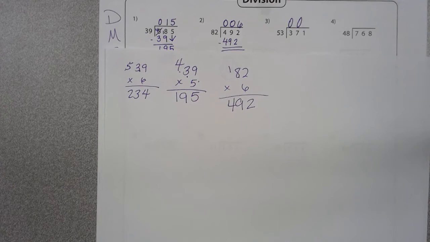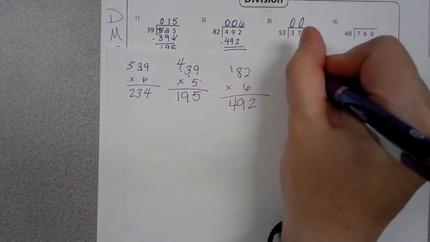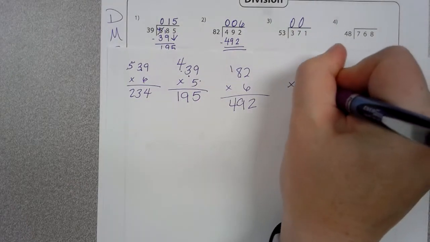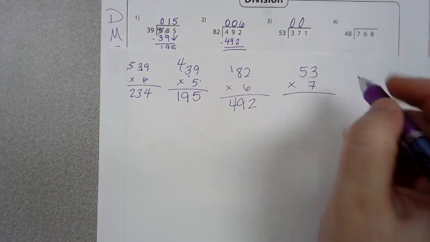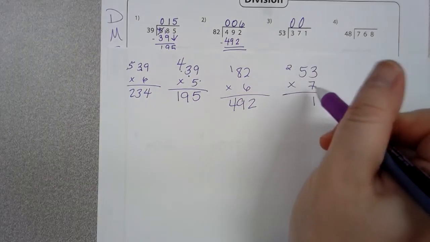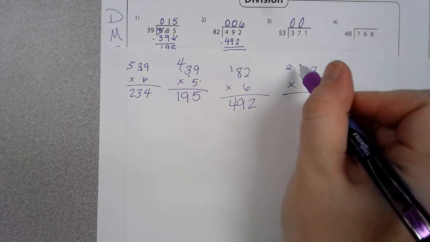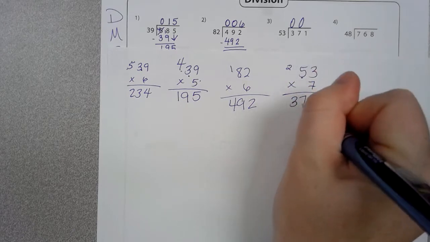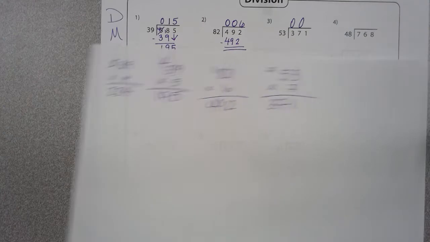So, how many times will 5 go into 37 without going over? Well, 5, 10, 15, 20, 25, 30, 35, 40. Okay, 40 is too big. So that'll be 35. What times 5 is 35? 7. So let's try 7. 53 times 7. 7 times 3 is 21, so 1 carrying my 2. 7 times 5 is 35, 37. And we have a winner right there, 7.